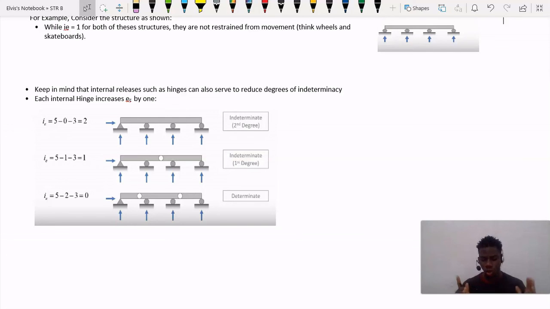This is what we are going to be discussing in the next lesson. In structural analysis 2, we are going to talk about indeterminate structures. Let's take it one after the other because we need to know how to walk before we can run.